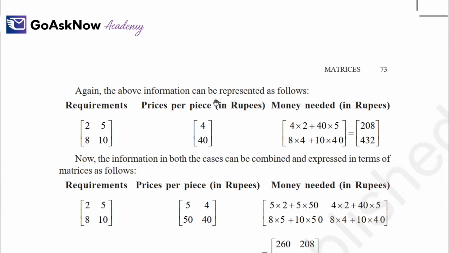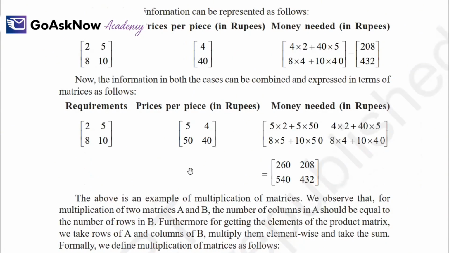So that is how you calculate the product of two matrices. Okay. So that is the way of calculating the matrix product. Now the information in both the cases can be combined and expressed in terms of matrices as follows. So here 2, 5, 8, 10 is multiplied by 5 and 50 once, and then it is multiplied with 4 and 40 another time.